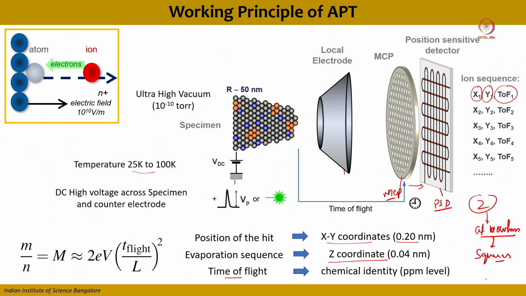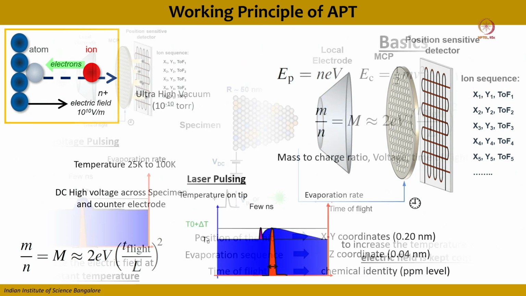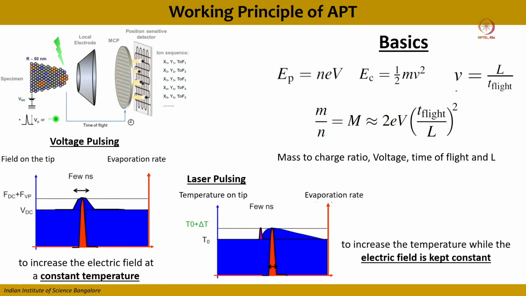From the time of flight, you can identify the chemical identity by this basic equation: mass to charge ratio equals 2 e V applied times time of flight squared divided by L squared, where L is the distance between the tip surface and the position sensitive detector. Fine. So this is the basic equation from which we get the chemical identity.